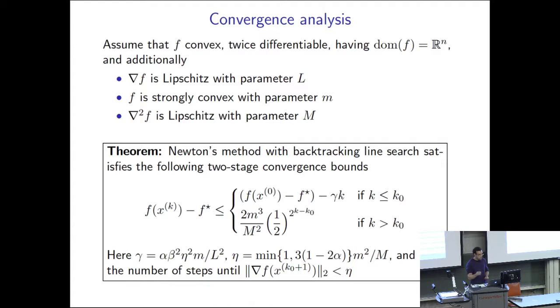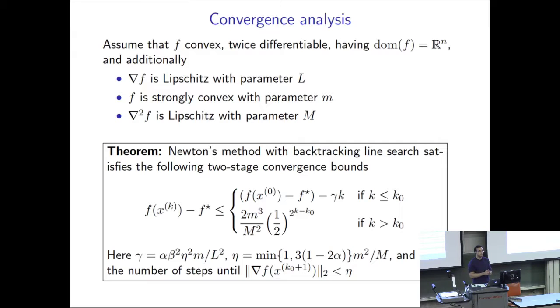And when we start choosing these step sizes strictly less than 1, Newton's method converges kind of slowly. At every iteration, just look at this top condition here. We just gain an amount gamma on the criterion difference. So if I'm looking at the criterion difference at iteration k, it's where I started minus gamma times k for a bunch of iterations k. And that is true up until some iteration number k0.